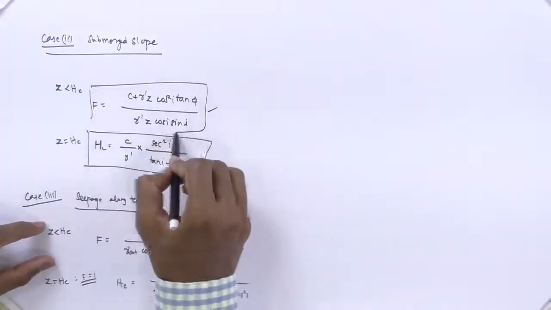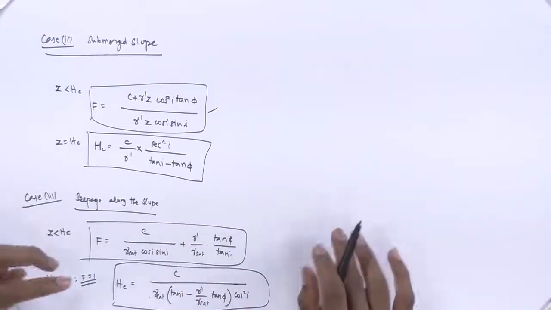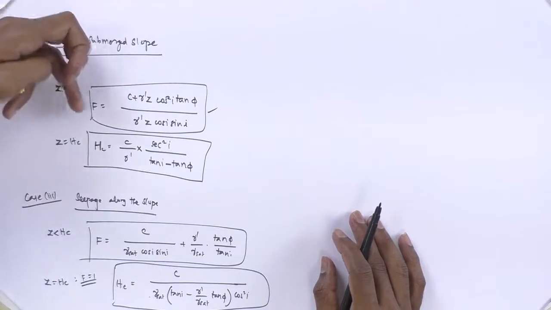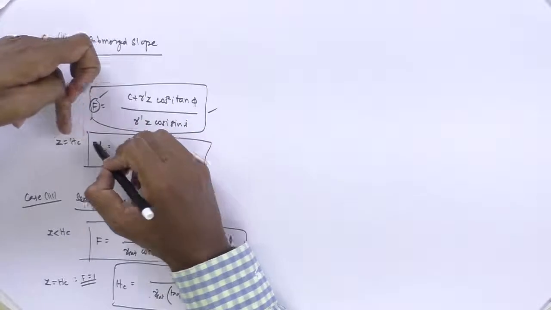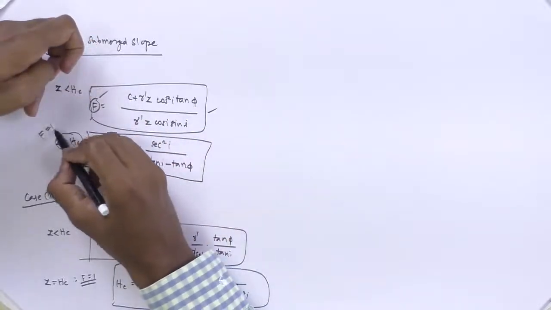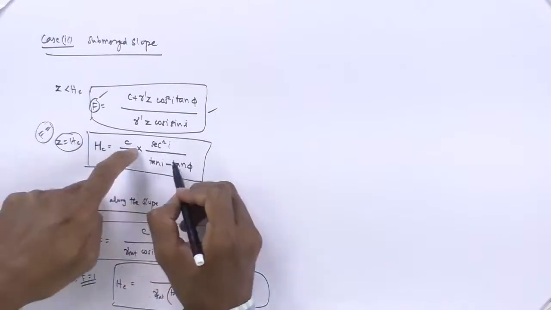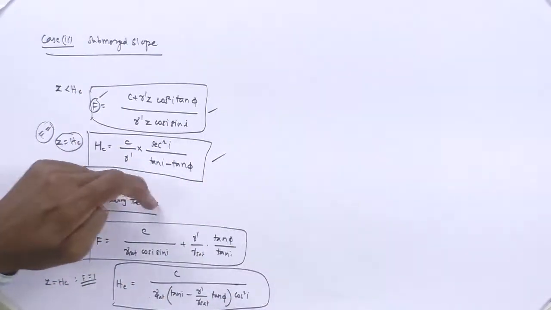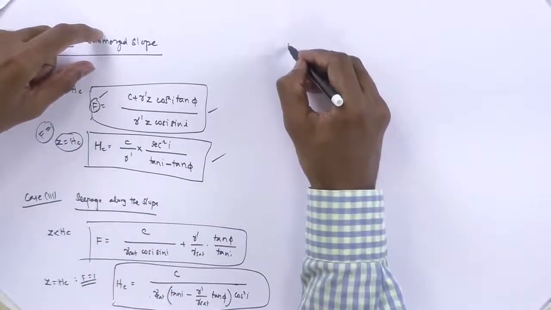So these are the different formats for different cases. When it is a submerged slope, z is lesser than hc, so this is the factor of safety formula. In order to find hc, the factor of safety has to be made equal to 1. So substituting 1, we finally end up with the hc formula in this format. And for seepage along the slope, we get the possible equations like this.